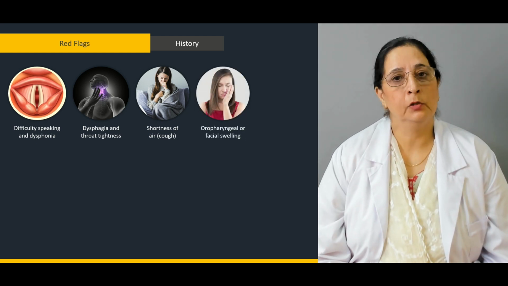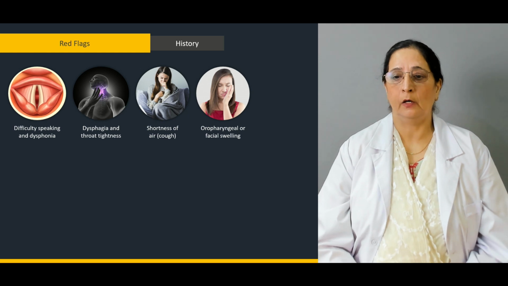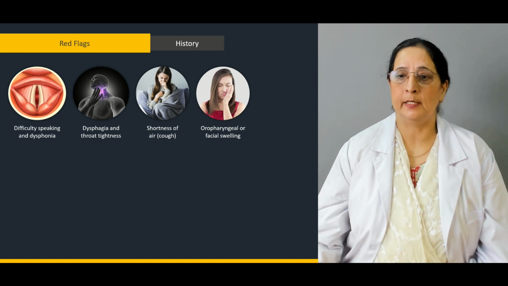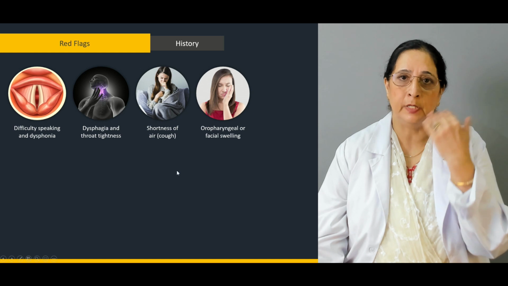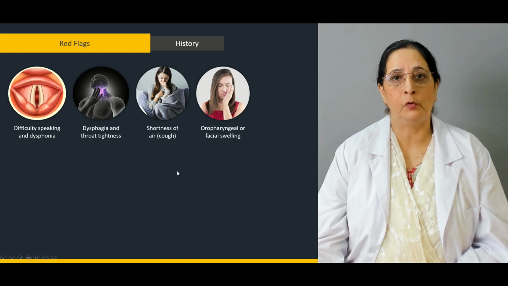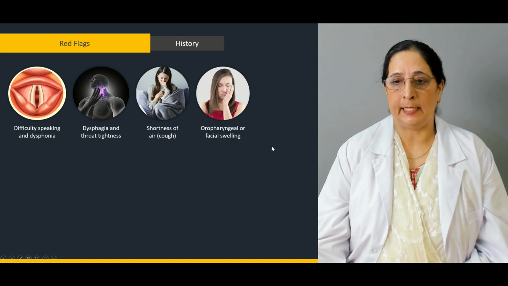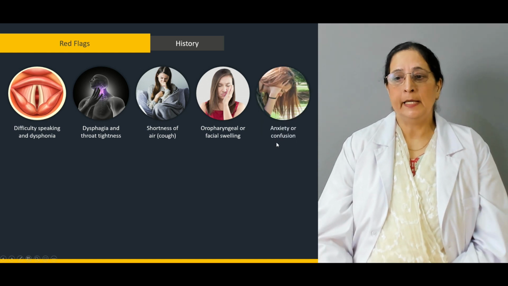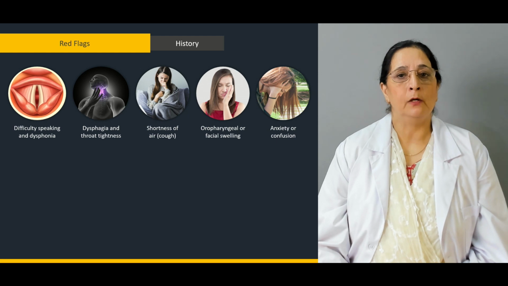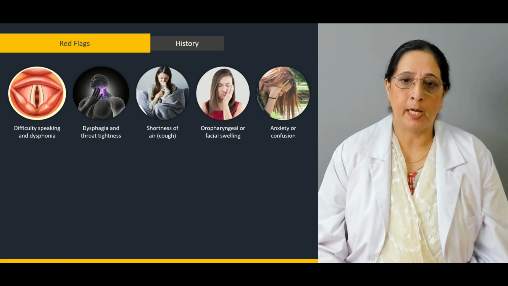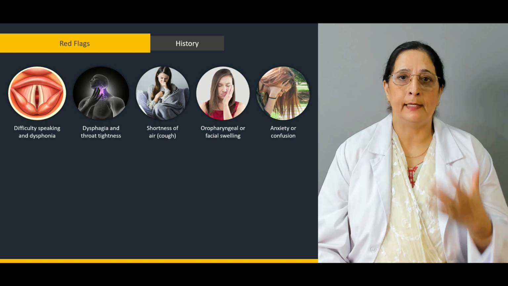And there is also oropharyngeal or facial swelling. So there is swelling on the face, around the eyes, cheeks, they are all swollen. Next, there may be anxiety or confusion also as a result of anaphylaxis.